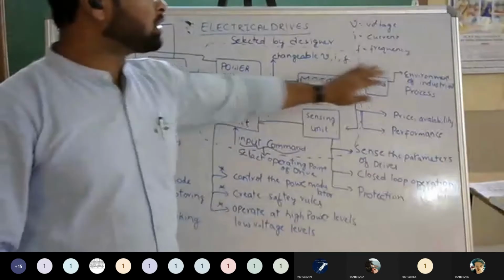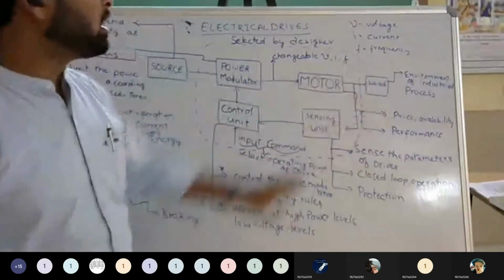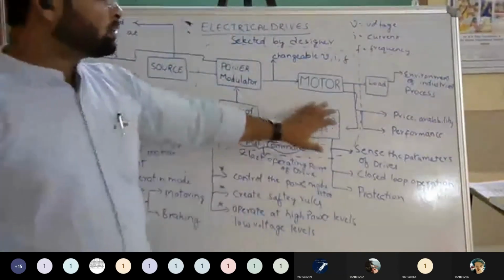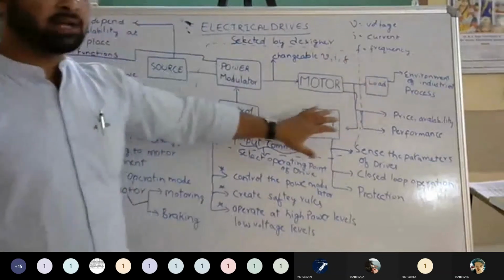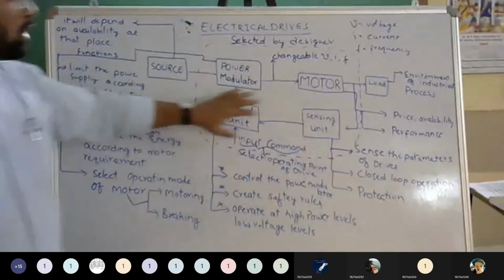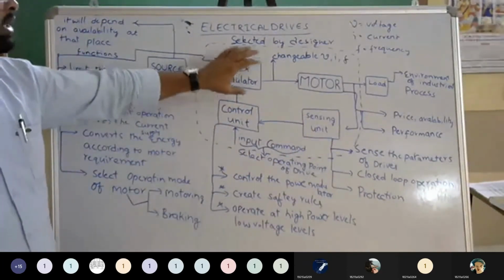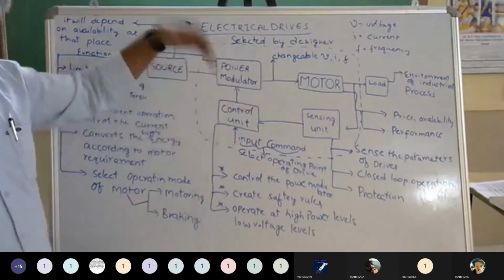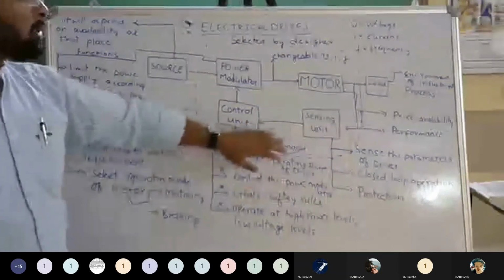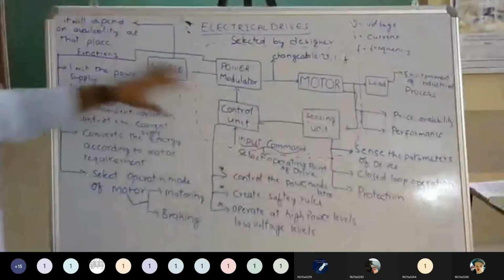And motor we will select according to phase and availability, and also the performance according to load torque characteristics, and load which will be selected according to the environmental process, and sensing unit which will sense the parameters of the drives like current, speed, the voltage, these things. Then control unit. So control unit will control the power modulator to do the operation. It will create the safety rules. It will operate at the high power levels also, low voltage levels also. Input command, which will select the operating point of the drive. So this is the block diagram we explained briefly.